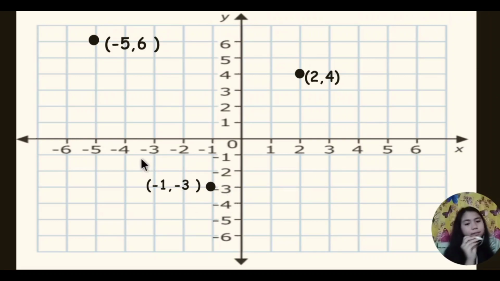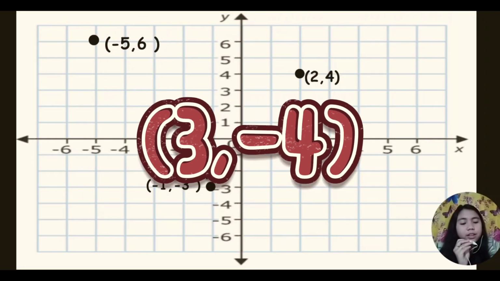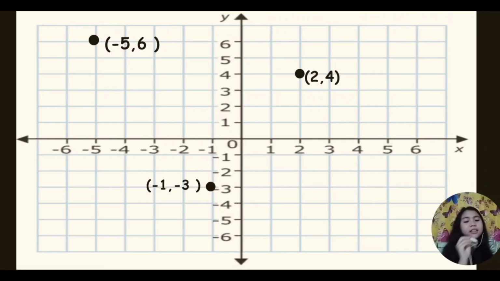Our last given is positive 3 and negative 4. Since it is positive and negative, we go to quadrant 4.